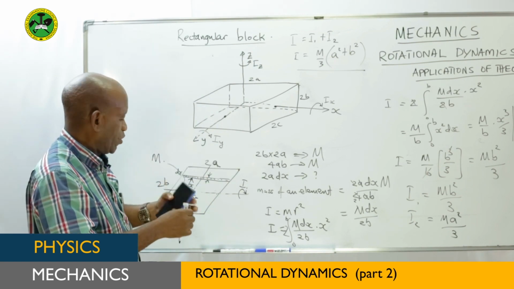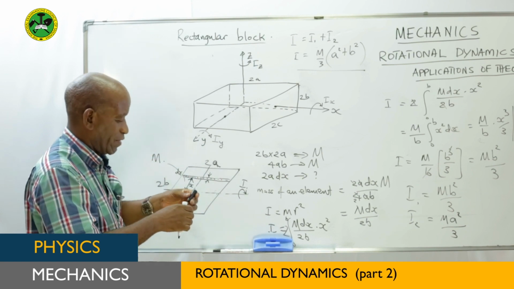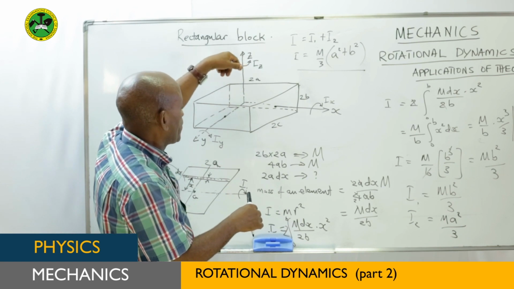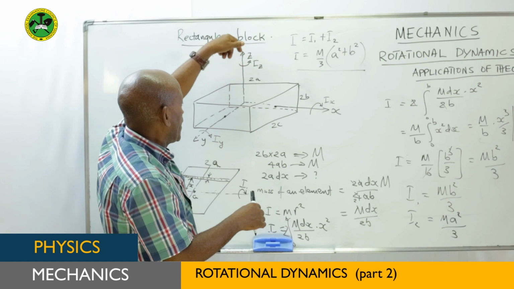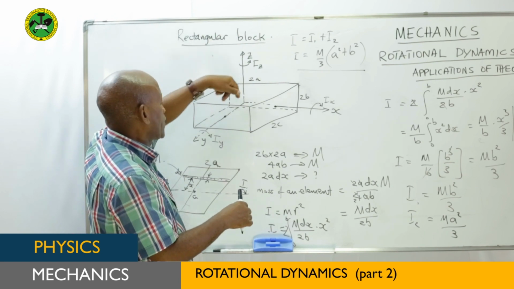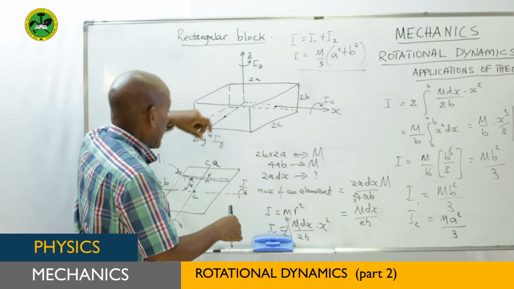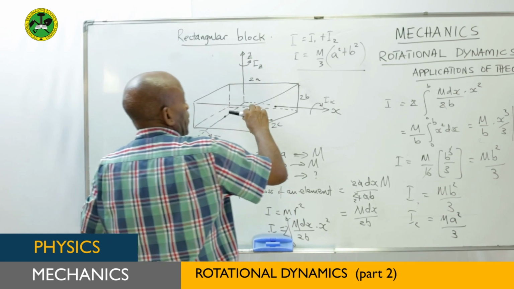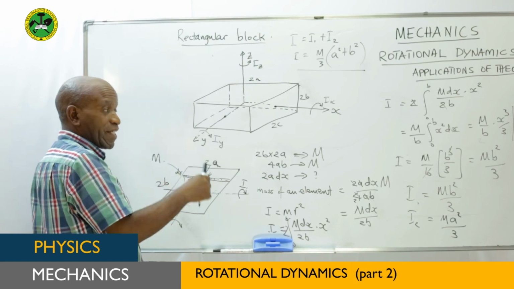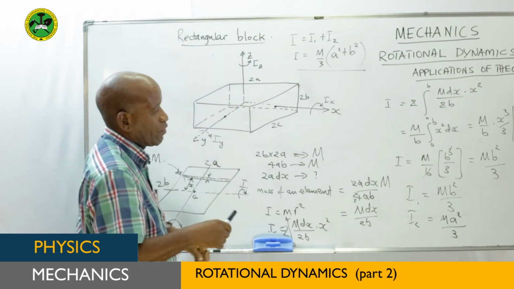So having known this, whenever we embark on determining the moment of inertia, let's say through this axis in the z direction, of such a rectangular block, what we need to know is the moment of inertia passing through the x-axis, and the moment of inertia passing through the y-axis, and later use the perpendicular axis theorem to determine the moment of inertia passing through the z-axis.